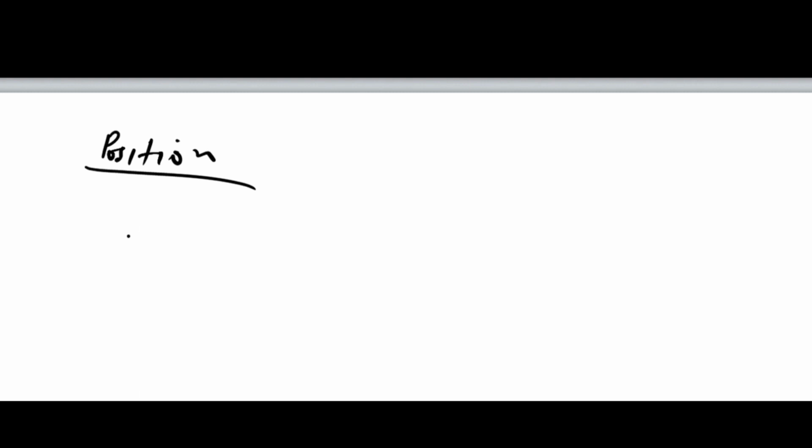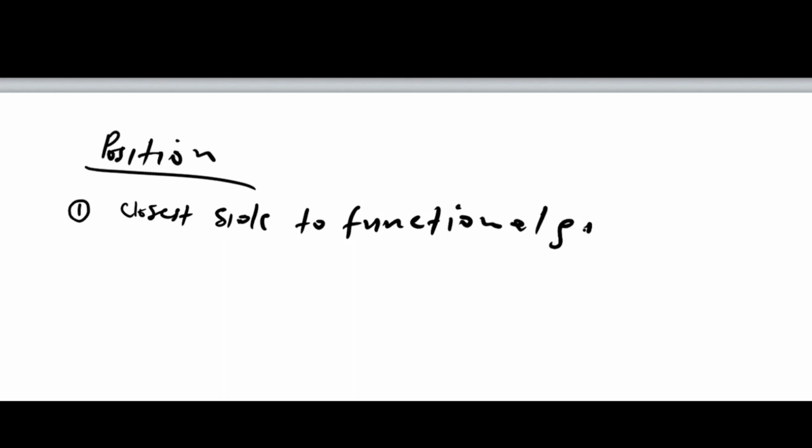The position is identified by the functional group, which means the first thing that we look at when we are doing the IUPAC name is the functional group, the closest side to the functional group. That is the first thing, functional group.